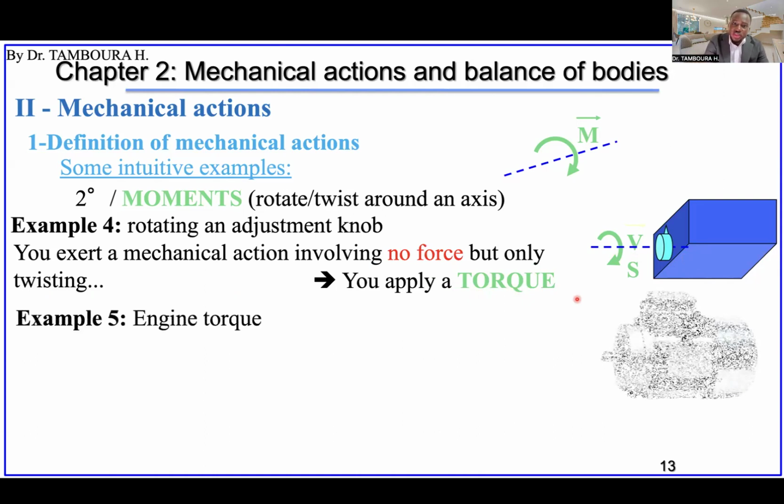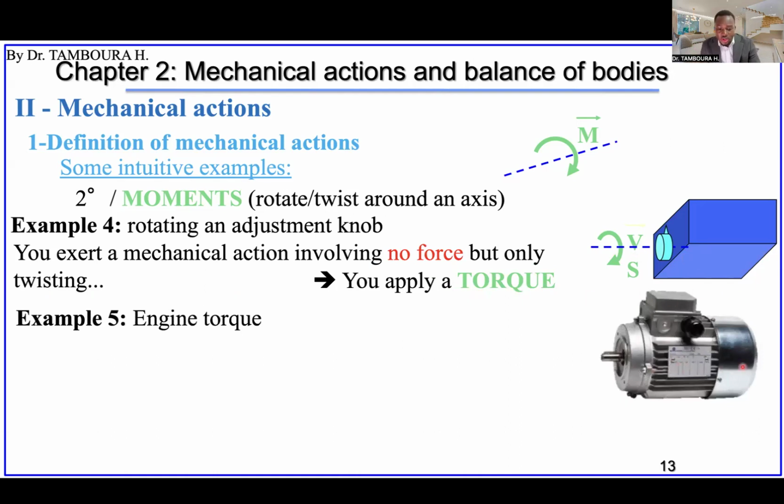So engine torque, supposing this is a motor, and as you know, when the motor is running, this axis is rotating, right?